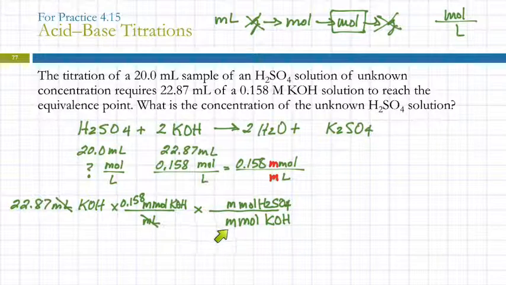What's the relationship between these? It's 1 to 2. 1 millimole of H2SO4 for every 2 millimoles of KOH. 1 mole to 2 moles. 1 dozen molecules to 2 dozen molecules. So millimoles of KOH cancel out.